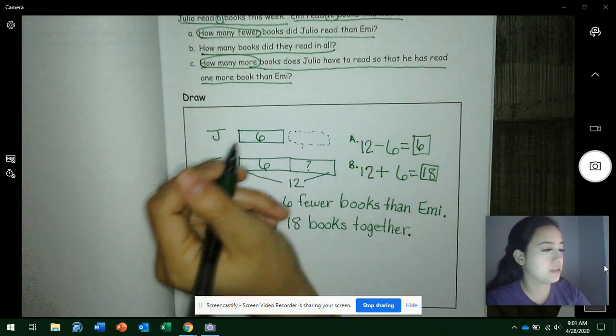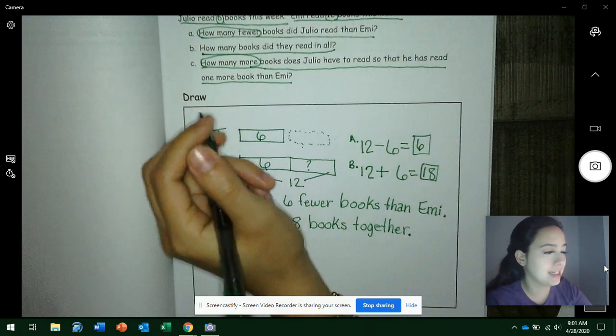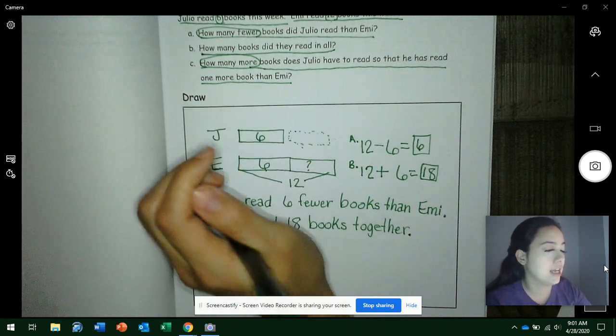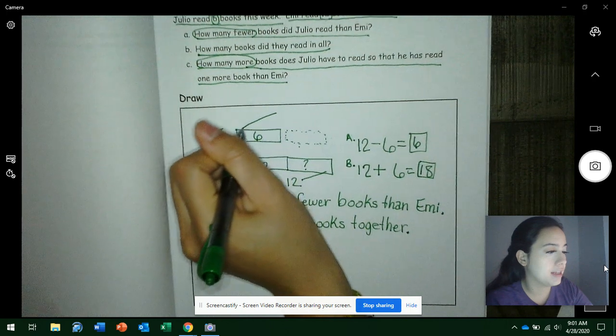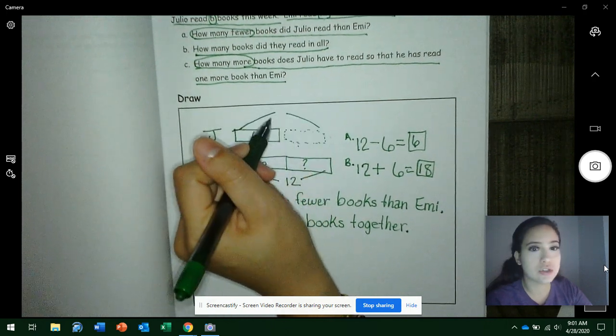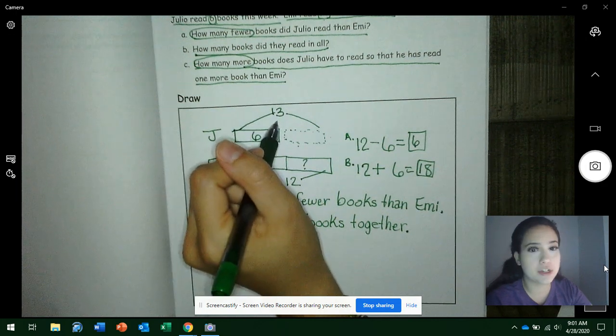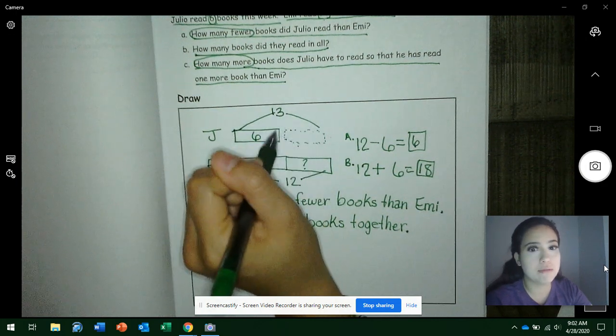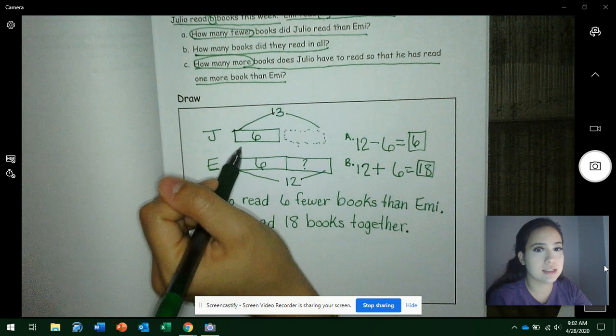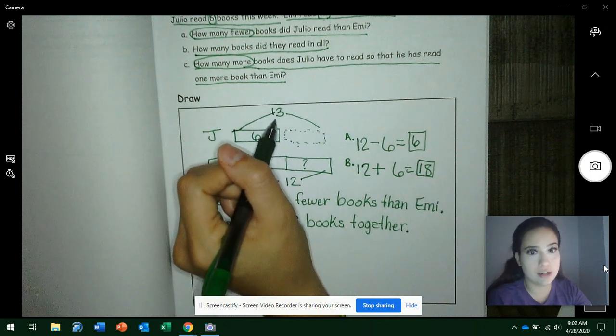So in other words, question C is asking that instead of his total being 12, Julio's total is going to be 13. But what would be the missing part if he already read 6 so that he can get to 13?